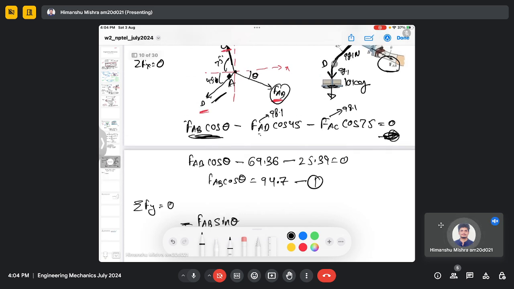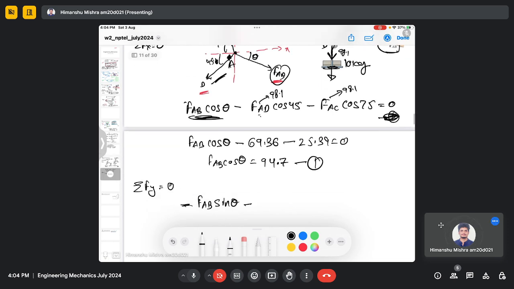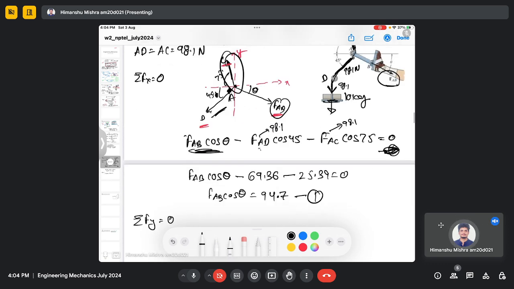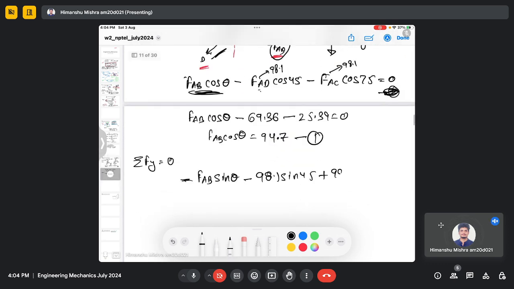Similarly, FAD sine 45 is in the downward direction, so it is 98.1 sine 45 downward. And the y component of force FAC is in the upward direction, so it will be positive 98.1 sine 75 equals 0.